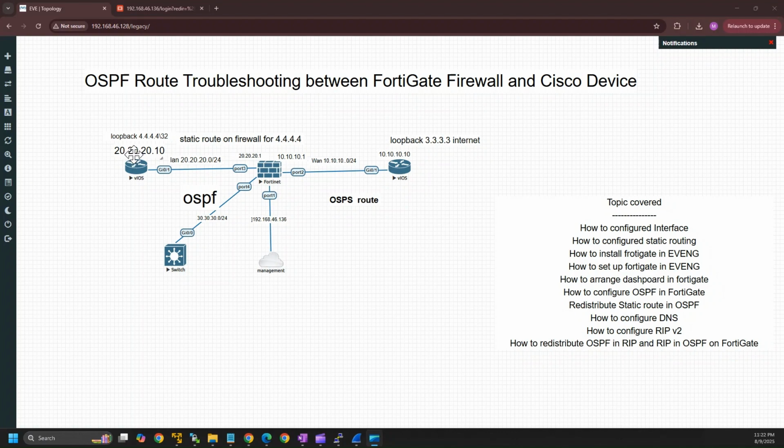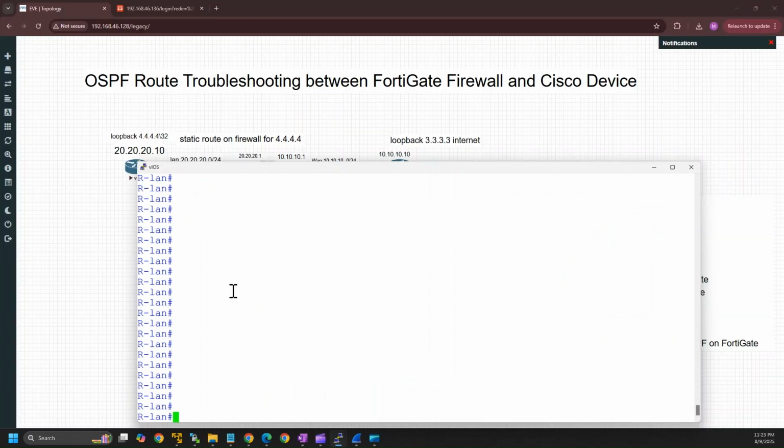During troubleshooting, when we go on our LAN interface and ping 3.3.3.3, it was not pinging.